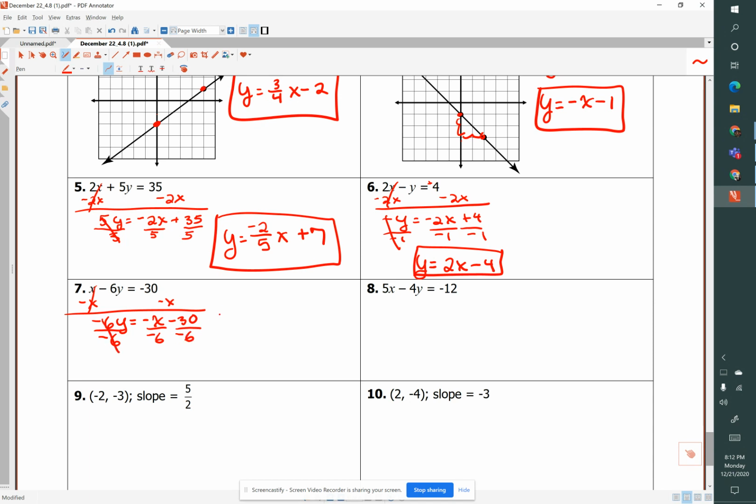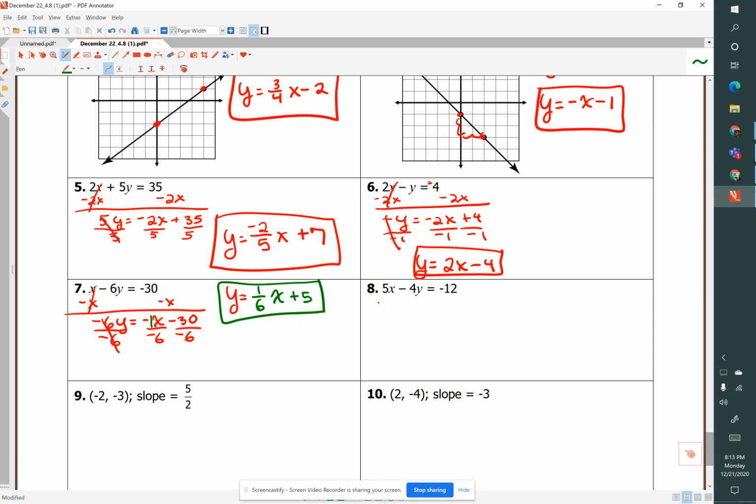And that leaves us with y equals. So here we have, let me change a color so I can show you this. We have an invisible 1 here, and a negative divided by a negative is a positive. So that will be a positive 1/6 x. -30 divided by -6 is a positive 5.